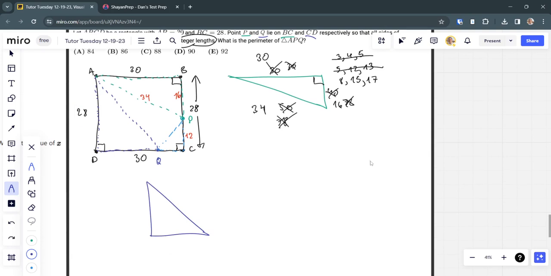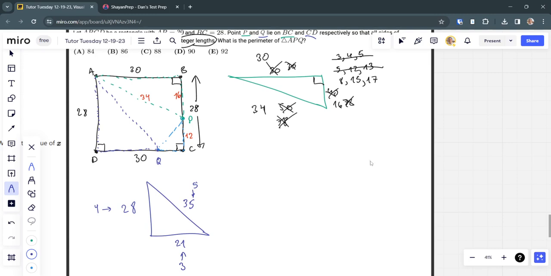We know that one of the side lengths is 28, so I'd put the 4 here, which would multiply into 28. 3 here, which would go to 21, since we're scaling the 3, 4, 5 triangle by 7. And then the last one would be 5 goes into 35.